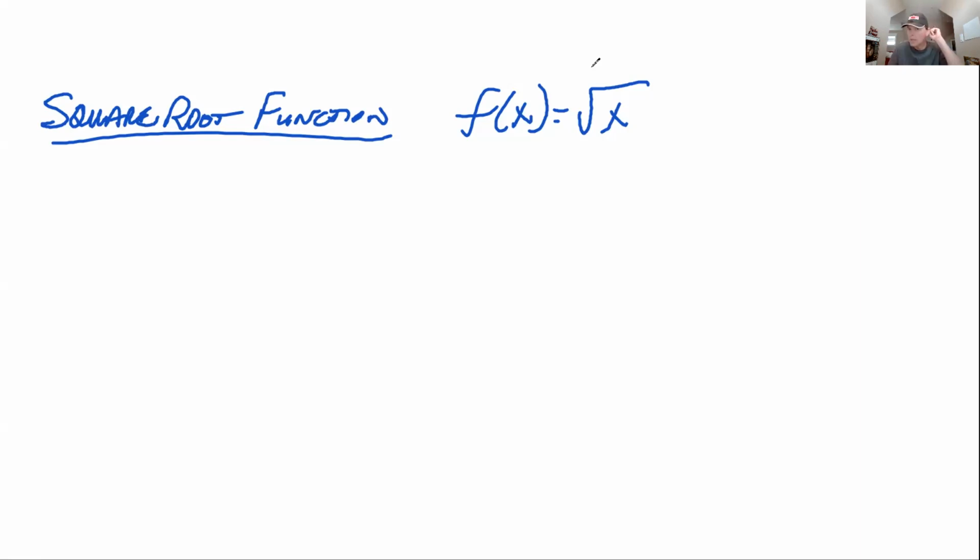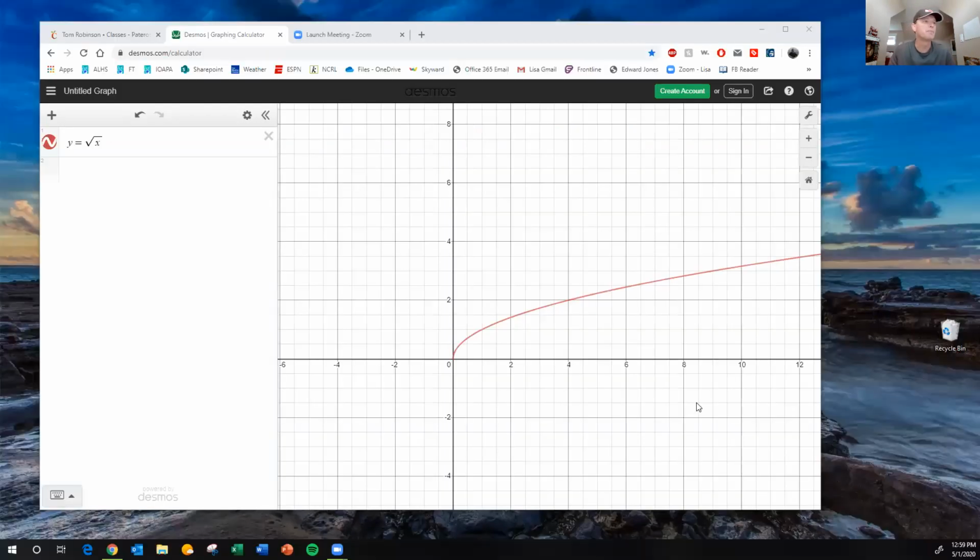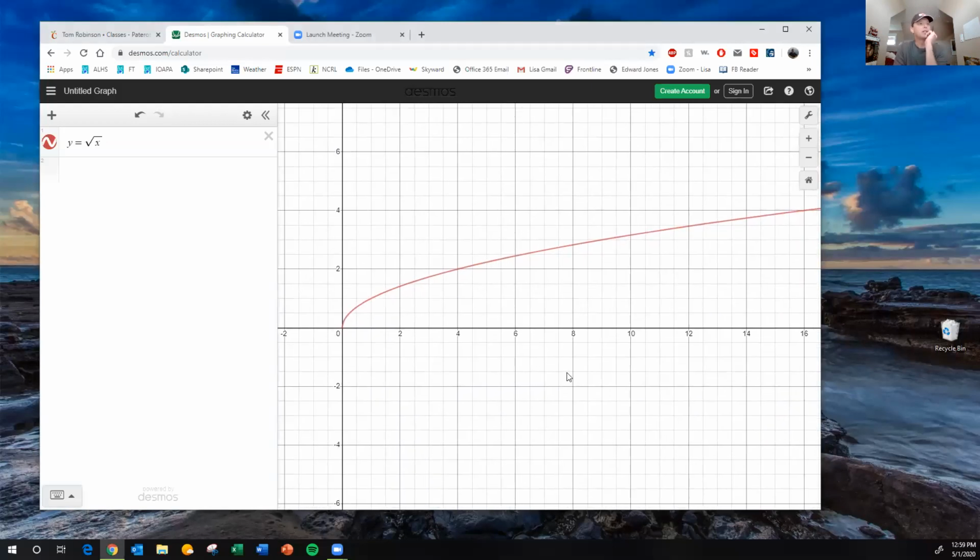So let's start with this concept of a square root function. You can see the notation here, f of x equals the square root of x. I'm going to switch over and show you what the graph of this function looks like on Desmos. What you'll notice is that it starts at 0, 0, which makes that a nice reference point for us.